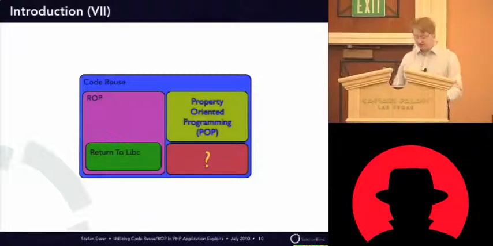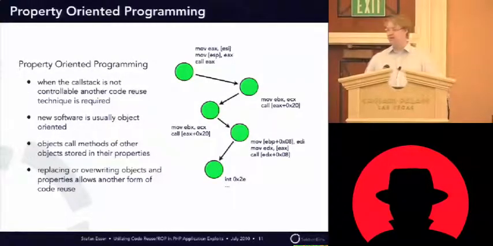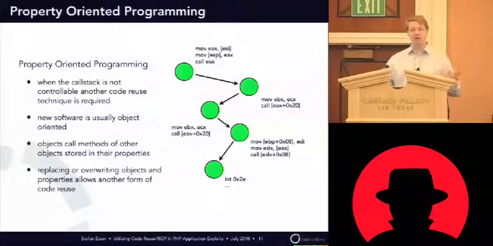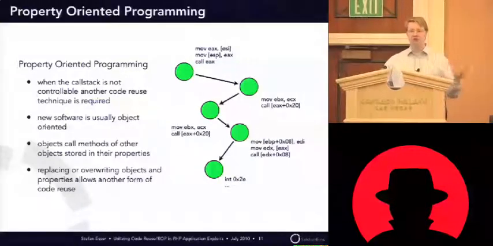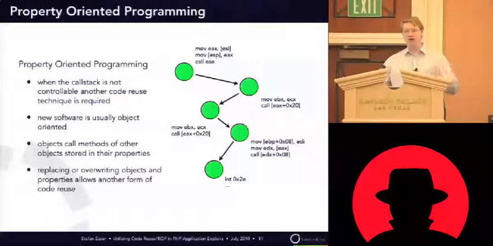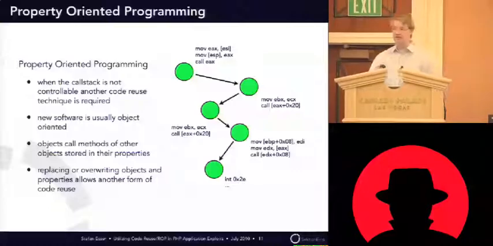What is property-oriented programming? The idea is that instead of overwriting or manipulating a call stack, you try to exchange the objects used in an application. Normally objects have properties, and these objects call methods of other objects stored in their properties. Now the idea is that I replace the objects stored in the properties, and so I can redirect the code flow.